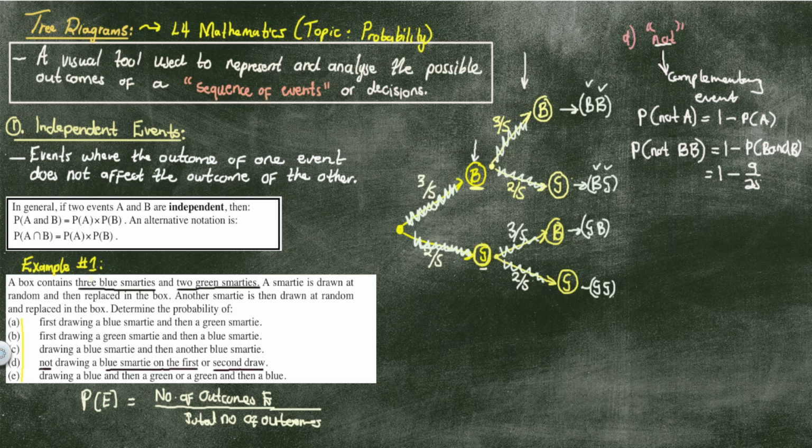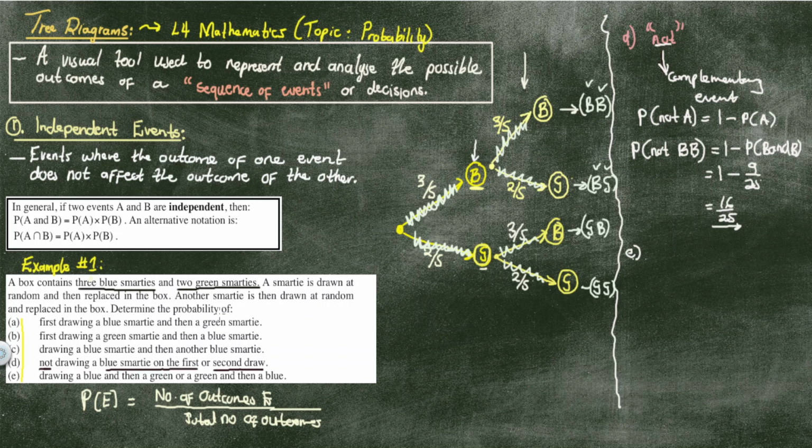I don't have a calculator. It's 16 over 25. Correct.